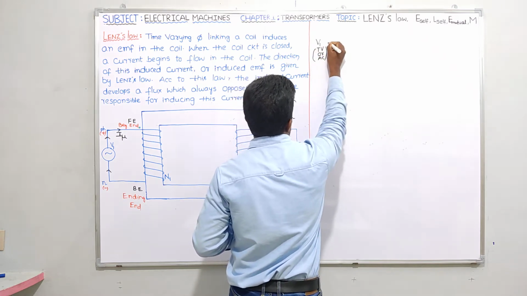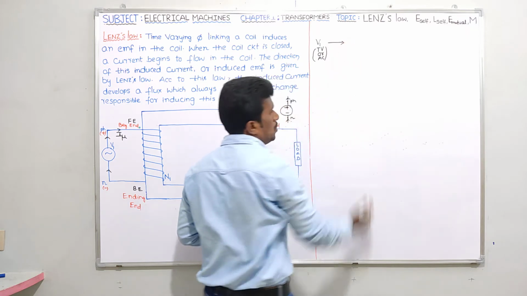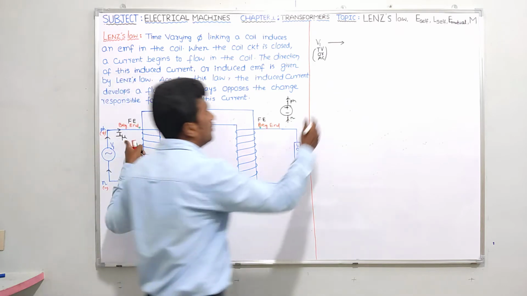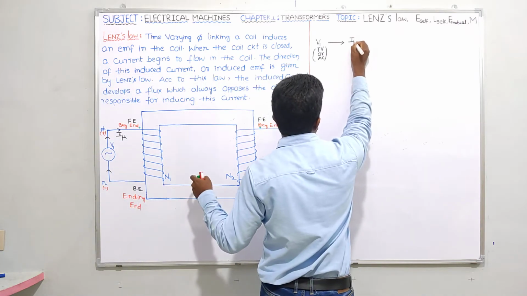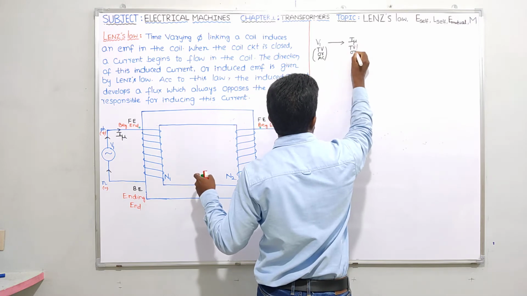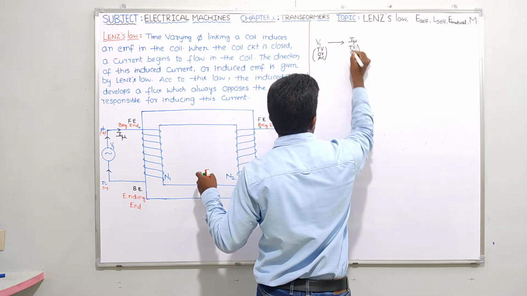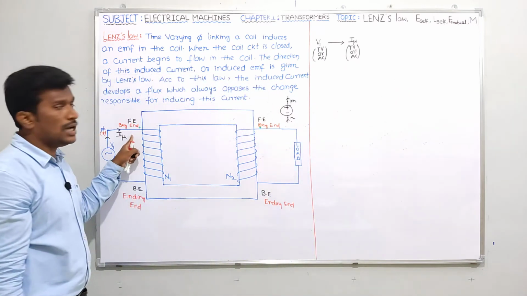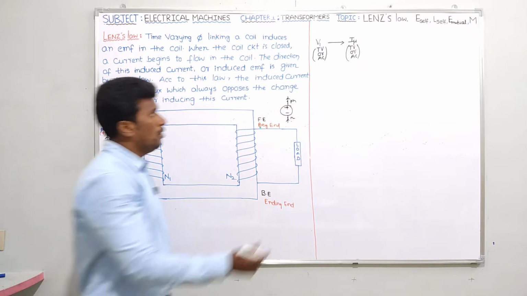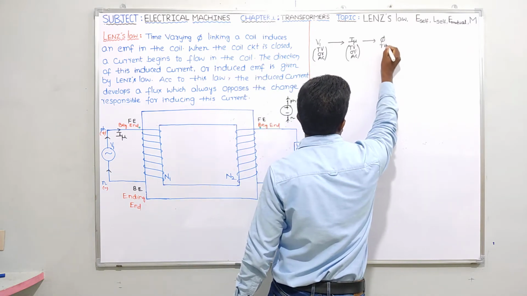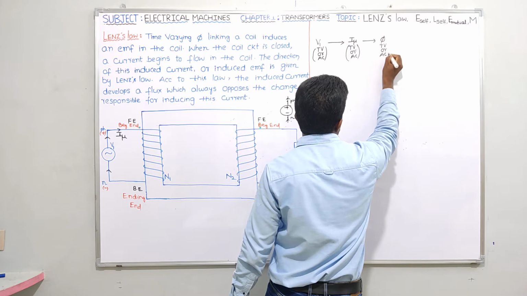Whenever V1 is a time variant or AC voltage source, the current drawn by the transformer, I mu, is also time variant, or I can say AC, alternating current. Whenever I mu is time variant or AC, the flux produced in the transformer core is also time variant or AC. Is it clear?